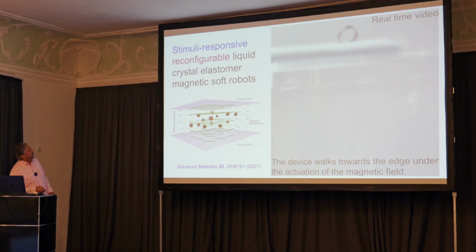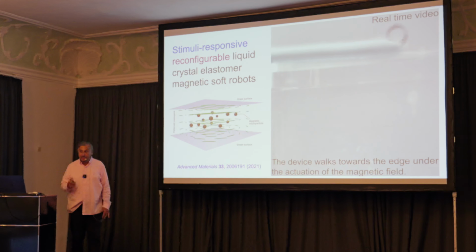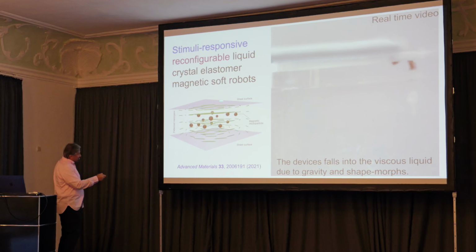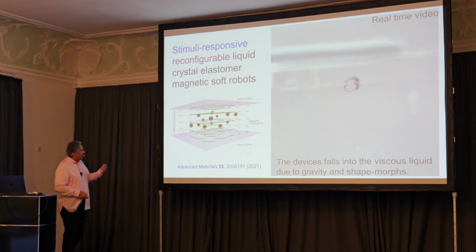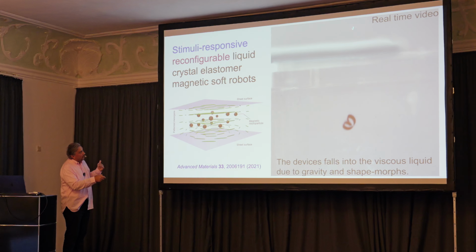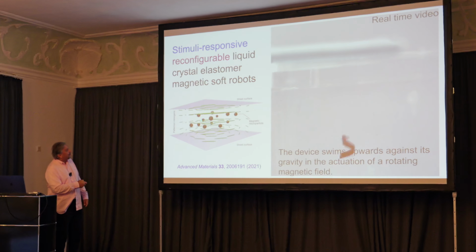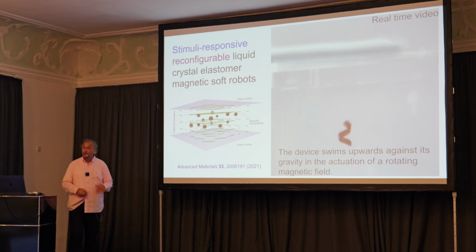Another stimuli-responsive example is that we can use even more complex soft elastomers, like liquid crystal elastomers. We heard about pneumatic structures yesterday. Nowadays we can design these asymmetric molecules in any morphology, in this case in a circle. Before, it was walking in a loop shape, basically a C shape, and in hot water, when it goes inside, suddenly because of this liquid crystal alignment, it turns into a spiral.